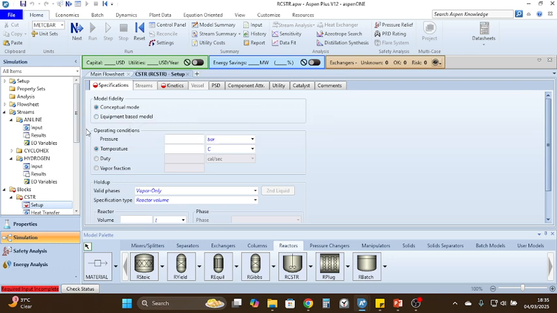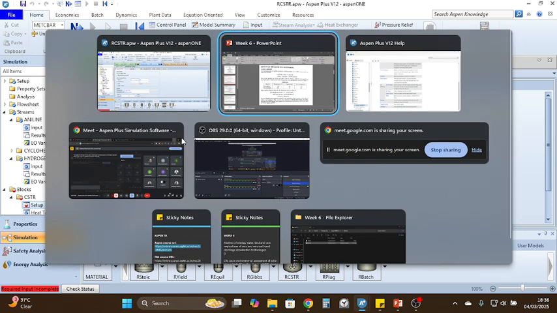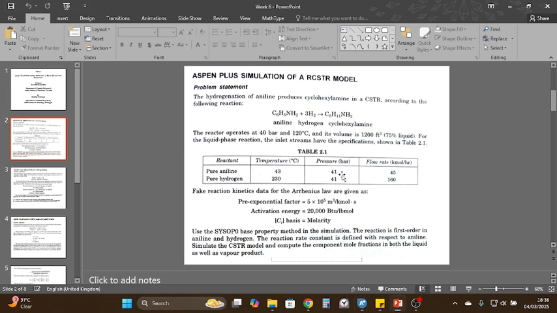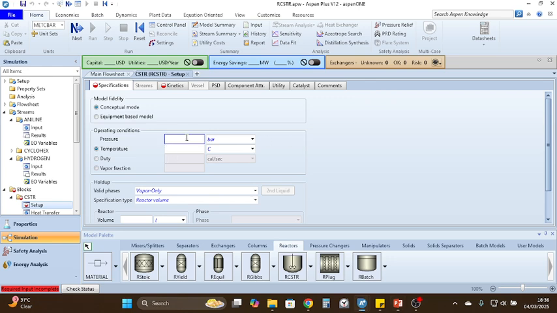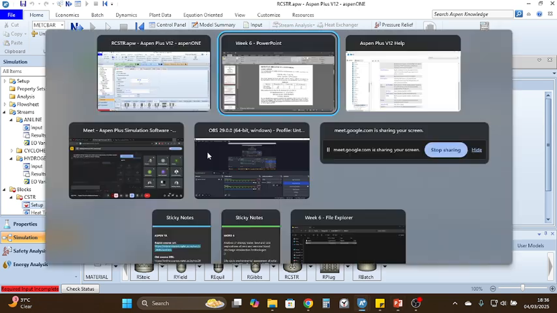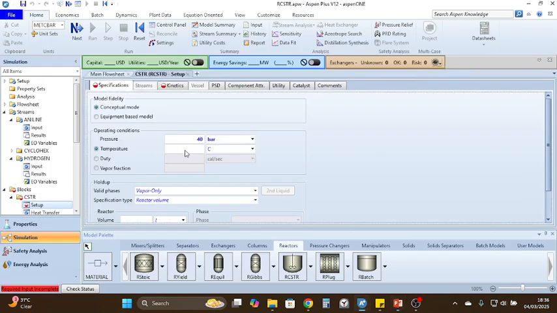Since all those specifications are not mentioned in our current problem, we are going to stick to conceptual mode. So the pressure for operating the CSTR is 40 bar and 120 degree Celsius. So over here you have 40 bar pressure and the temperature that is specified is 120.